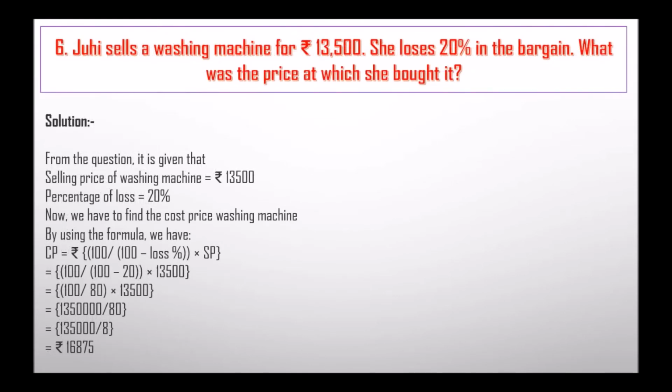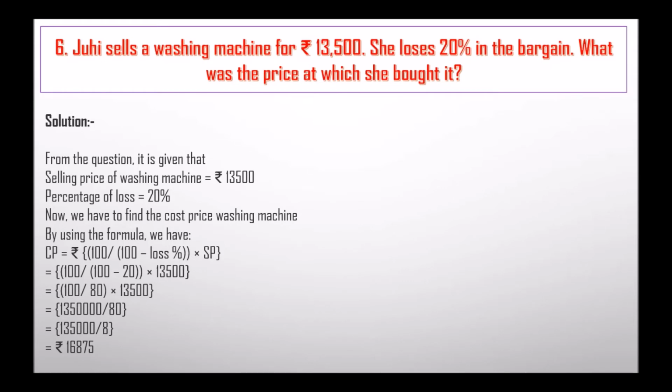Next, Juhi sells a washing machine for rupees 13,500. She loses 20% in the bargain. What was the price at which she bought it? Selling price of washing machine is 13,500. Percentage of loss is 20%. Now we have to find the cost price of washing machine. So CP equals 100 upon 100 minus loss percent into SP.